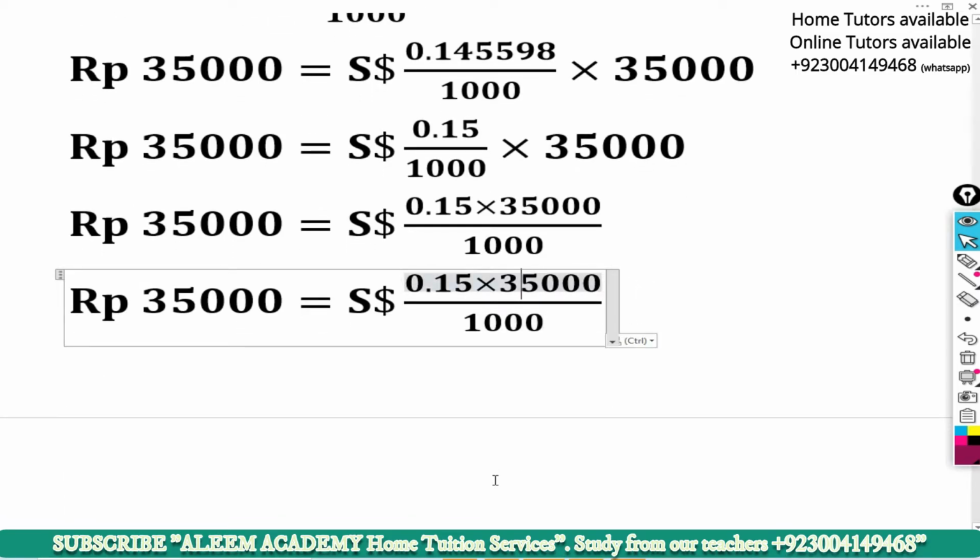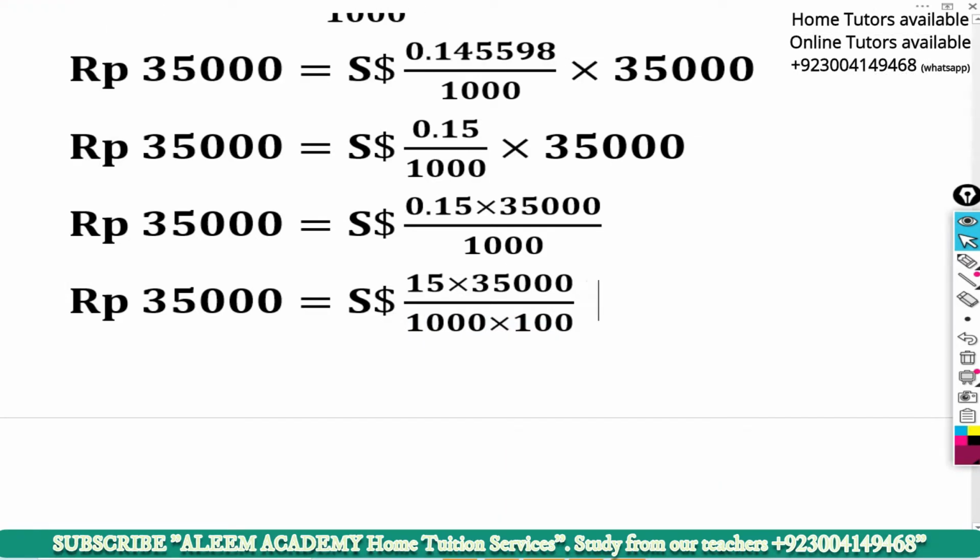See, when you remove the decimal of 0.15, this will become 15, and you will multiply by 100 on the other side, because there are 2 digits after the decimal, 1 and 5. So you will multiply by 2 zeros on the other side: this is happening in the numerator, so you will multiply in the denominator. Okay, now what to do? You can do cancellation here.